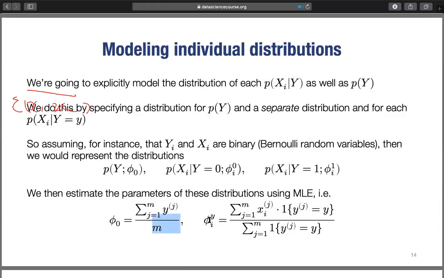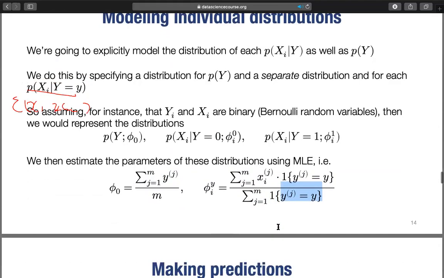And we are not using log likelihood here. We are more or less using the straight up solution. And for the other, it will be the sum over all the x where x is equal to 1 over the total number of ones that we have. And same thing for y where x is equal to 0, over the total number of such y's that we have in the data set, right?